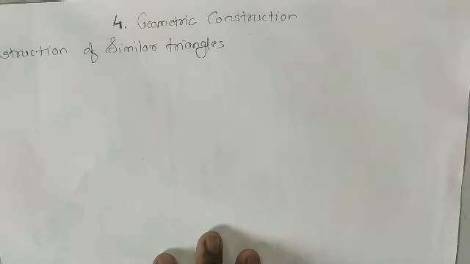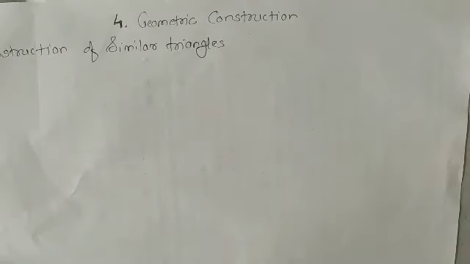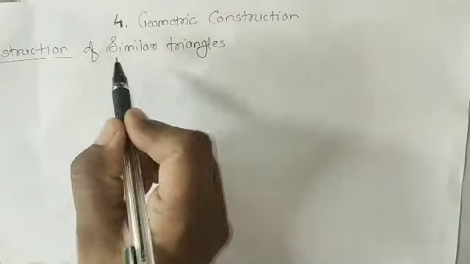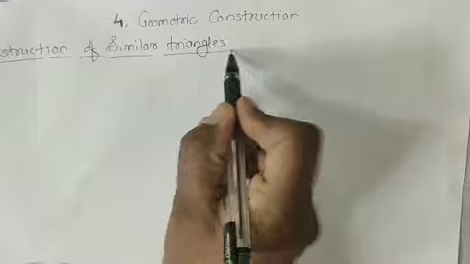These basic constructions we had seen before our unit test, and now we will move towards the next part of the lesson, and it is the main part of the lesson. Inside it the first part is the construction of similar triangles.